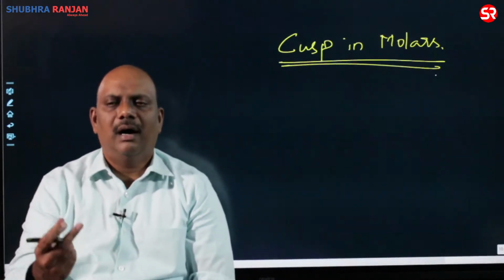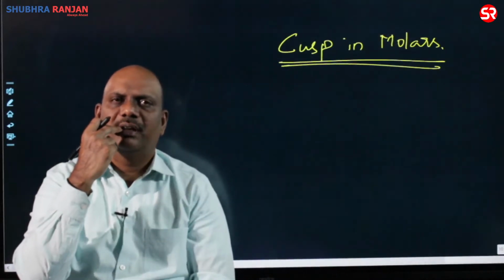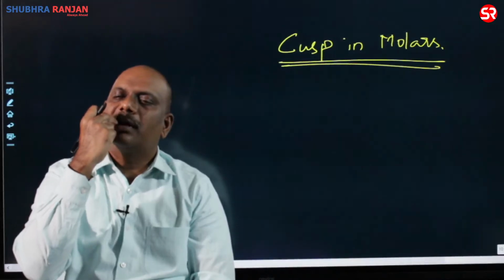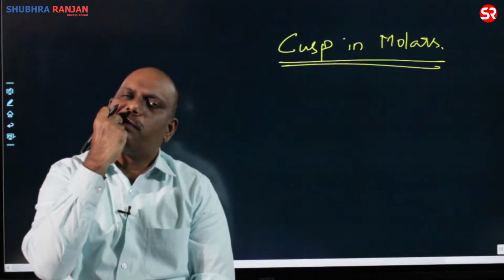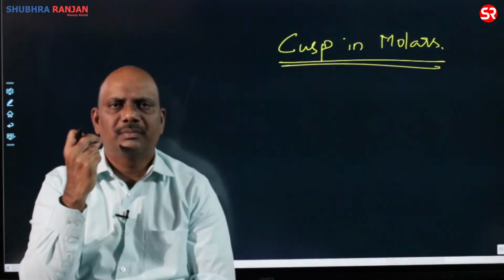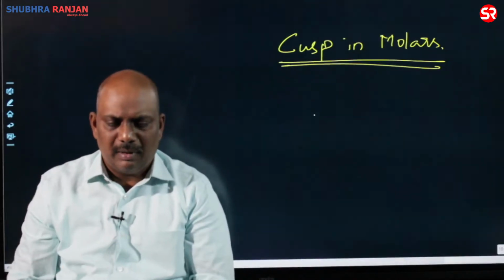Cusp means the topmost portion of the teeth. If you keep your finger like this, we can feel the bulges. So on the top of the teeth, it will be like this.